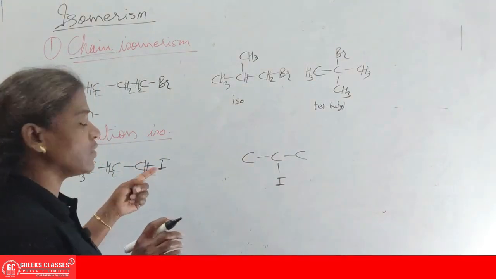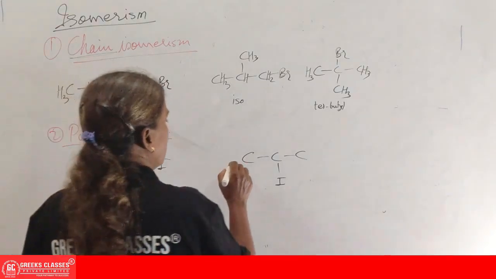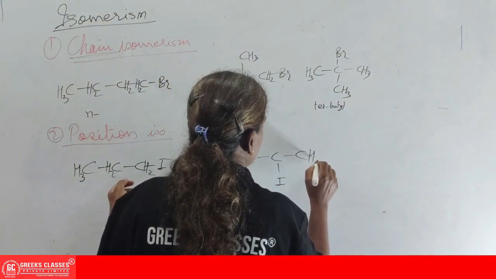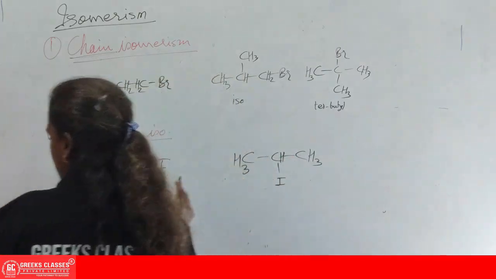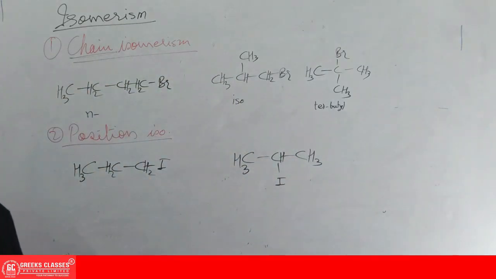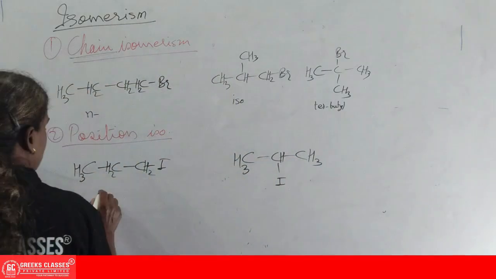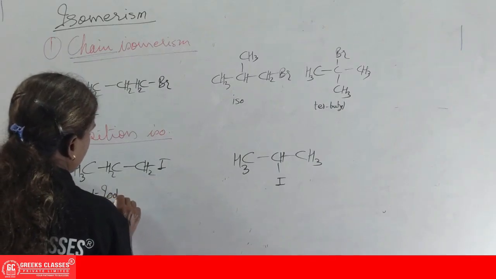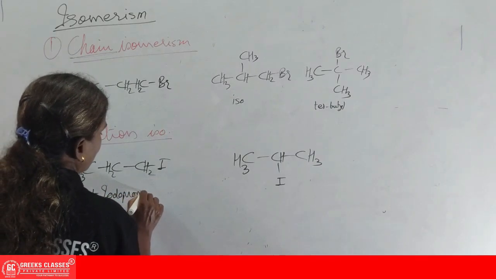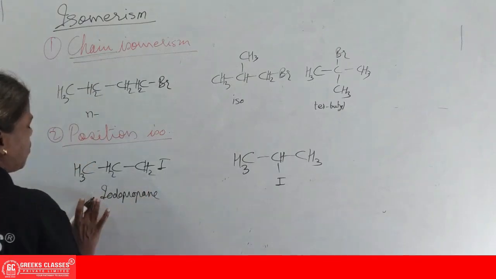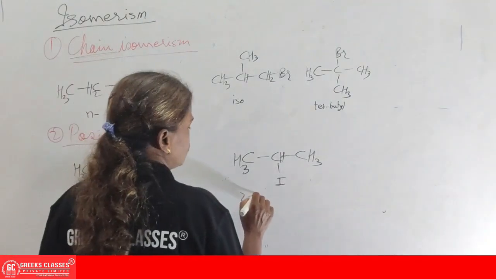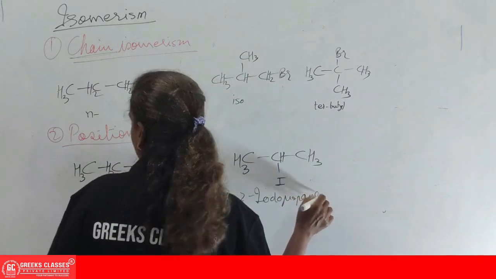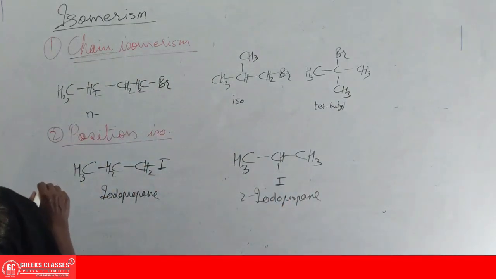That is why it is positional isomer or position isomerism. So this one is 1-iodopropane, and this one is 2-iodopropane. All right, clear?